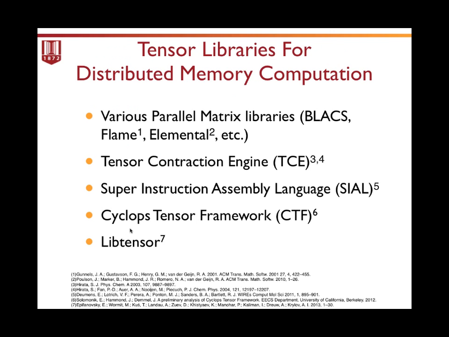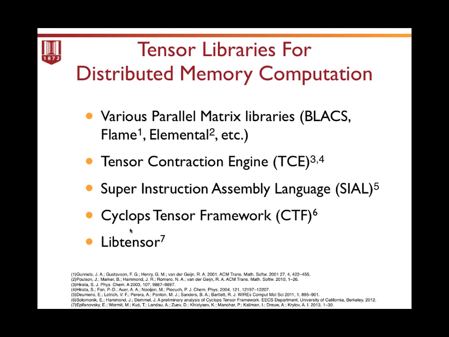So a lot of work has been done in this area to try and help us out with writing code for these types of equations. We have parallel matrix multiply libraries like Blocks, Flame, and Elemental. These work fairly well, except they're not really well suited for tensor arithmetic because we have to always rearrange our data so that it fits a matrix layout.